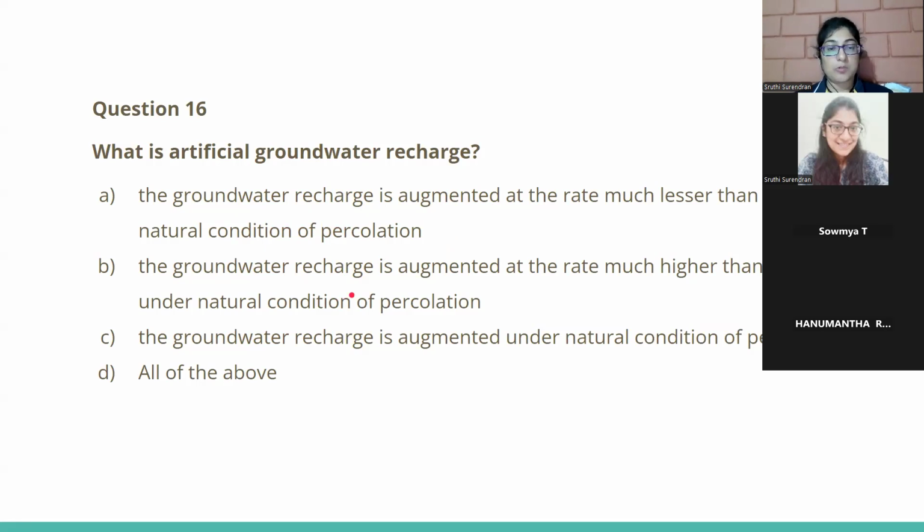Second option, the groundwater recharge is being done at a rate which is more than the rate at which the groundwater naturally receives its water. If the groundwater is getting increased at a rate which is equal to the rate at which it is naturally obtaining water, is what these three options mean.